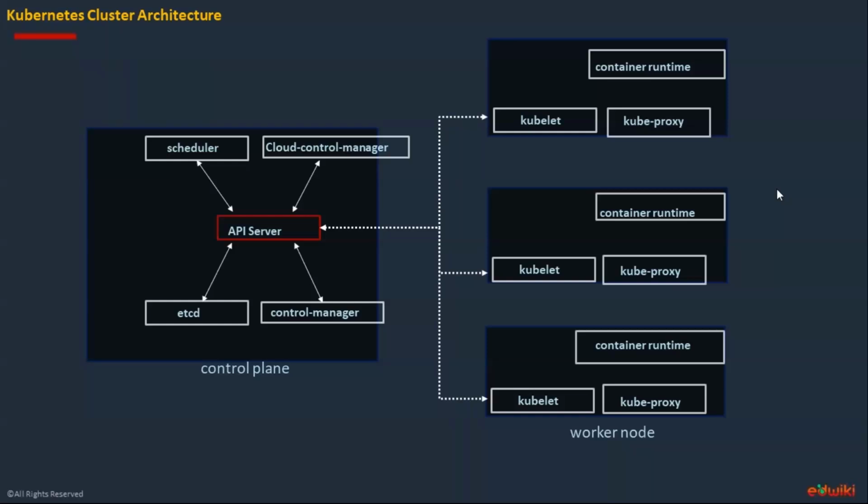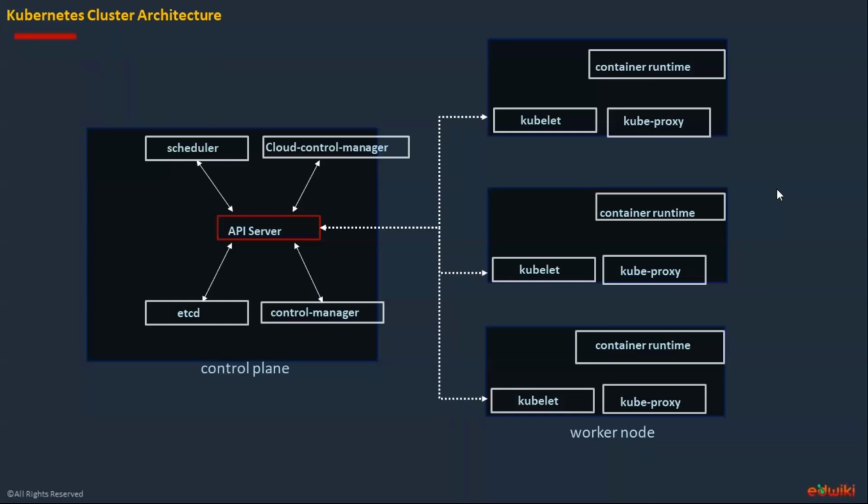That is where you can see the control plane, right? In the control plane, you see a service called scheduler. Scheduler is a service responsible to analyze how many worker nodes we have and which worker node is the best to run my application.